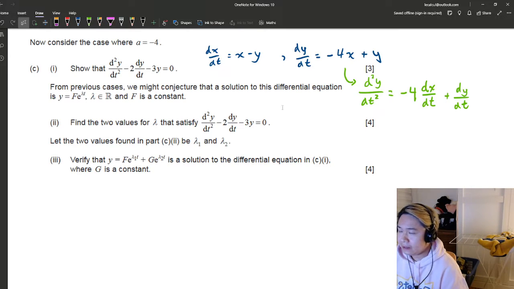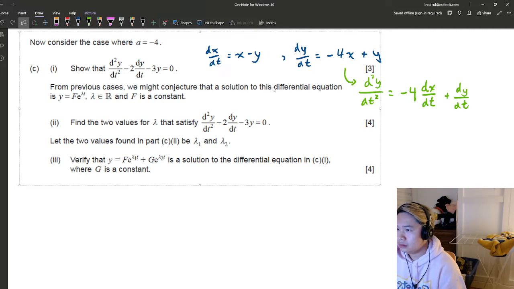And then let's see. I need this in terms of dy dt and y. So that means that I should not have a dx dt, but I'm just going to do a substitution. And then we'll see where we go from there.